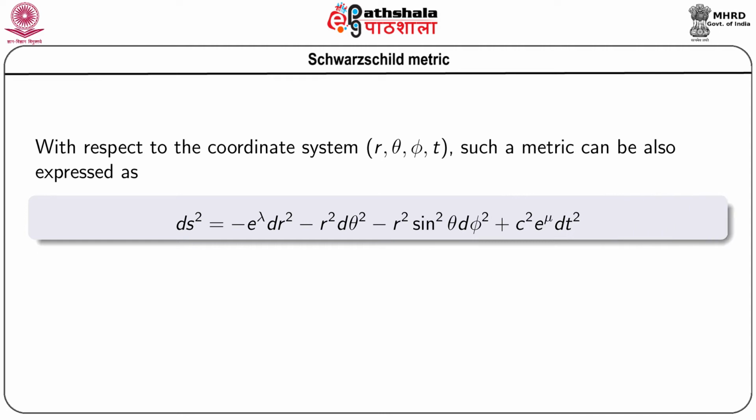Now, this one can be also expressed in this form: ds square equals minus e to the power lambda dr square minus r square d theta square minus r square sin square theta d phi square plus c square e to the power mu dt square, where c is the velocity of light.